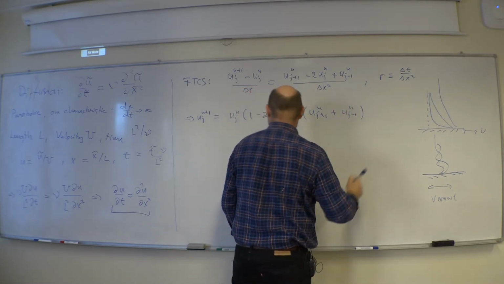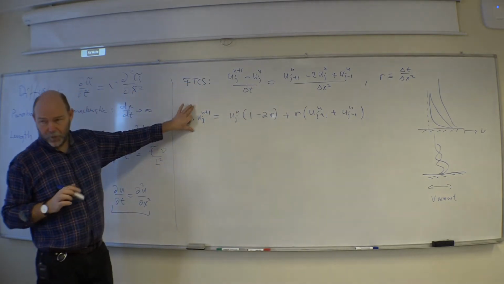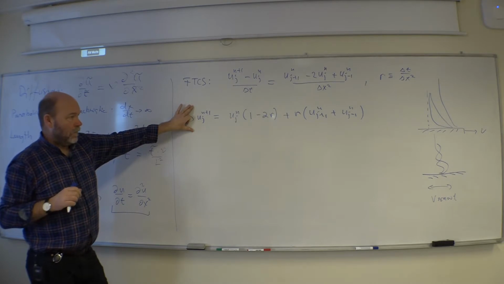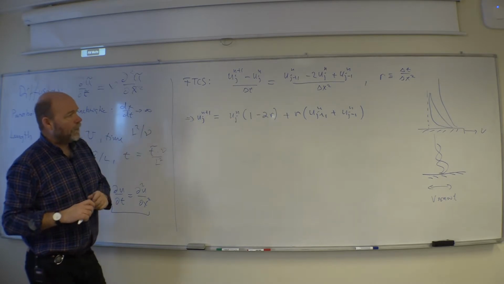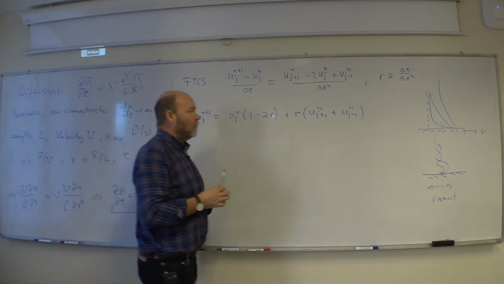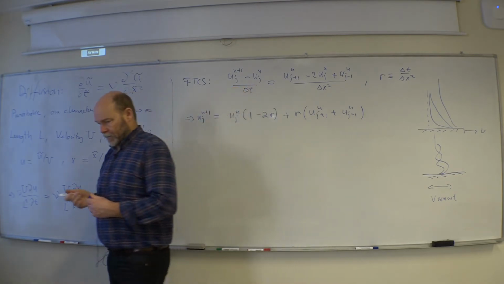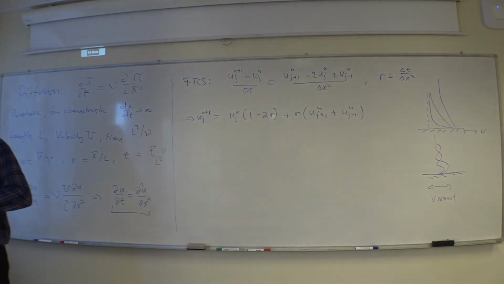And so there we have our recipe for our program. Pure explicit, no problem there. Question is the choice of delta t, meaning the choice of the value for the r to keep it stable. That is the question. Any questions to this one? It's okay.